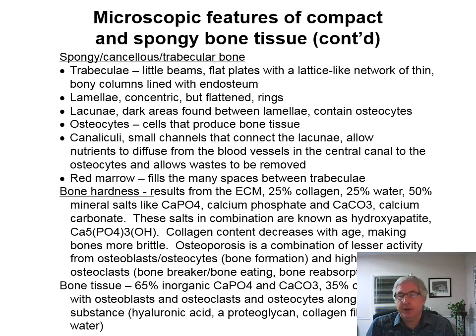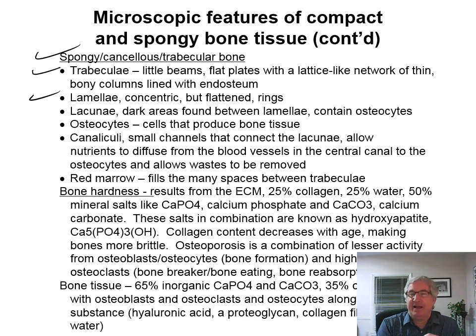This is just a summary of at least the spongy bone, and then we'll talk about bone hardness. So spongy bone, or trabecular bone, sometimes also called cancellous bone, has these trabeculae, referred to as little beams or flat plates, a lattice-like network of thin bony columns. They're all lined on the outside with endosteum, dense irregular connective tissue.